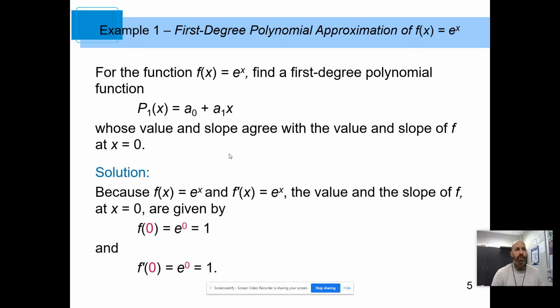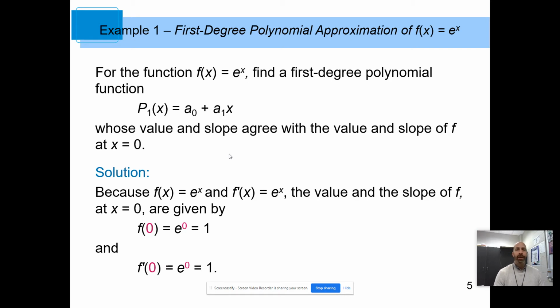So what we need to do first is figure out what is f of 0. Well, f of 0 means that we're taking e to the 0, and e to the 0 is 1. So f of 0 is 1. We also need to look at the derivative or the slope of the tangent line at 0. So f prime is also coincidentally e to the 0, which is also 1.